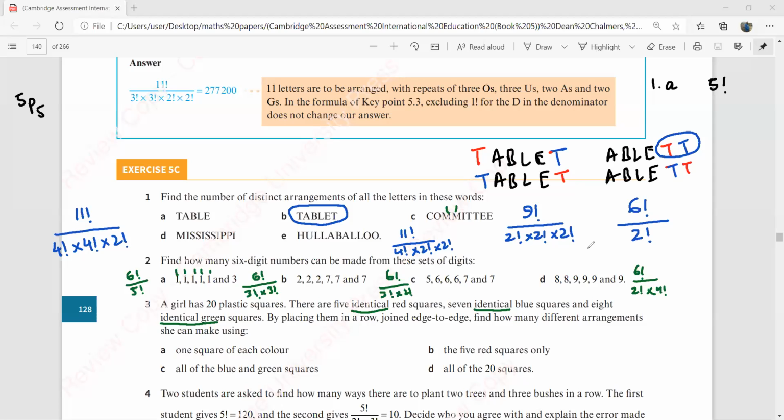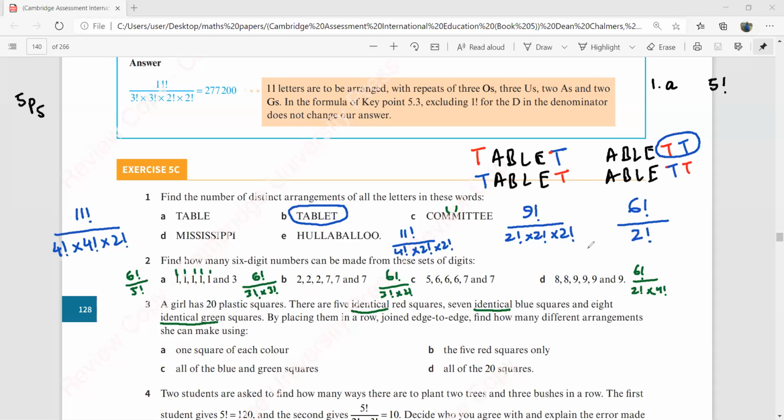Yes, then Nozaina, what would you say about this 3A? Yes, Nozaina, beta, we have to be quick. Muniba, 3A. Sir, I think 20 factorial over 3 factorial.